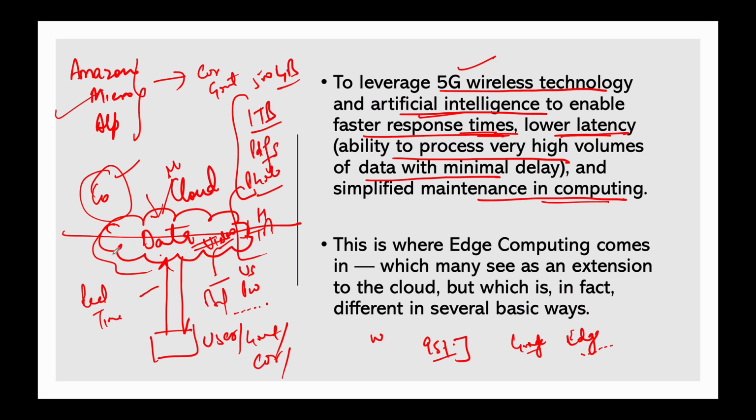Till now we were talking about cloud computing. Now where is edge computing between cloud computing and the user? It is here somewhere. Again, this is cloud computing, this is your edge computing. Now how can they make it faster for you? They will offload some things to edge computing. Ultimately, in the cloud there is a larger physical distance between the user and the data, so that is why there is a delay.